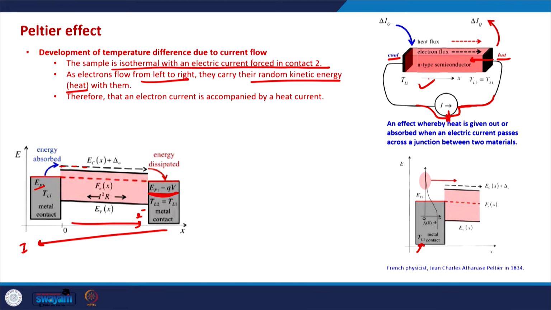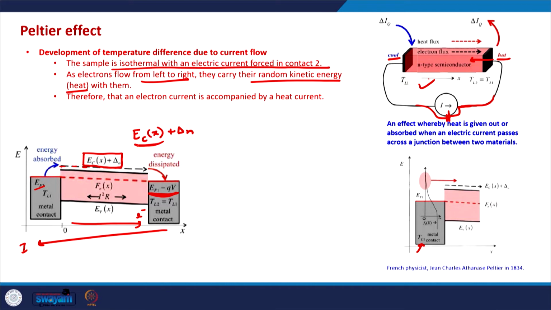Electrons need to jump from the left contact into the semiconductor and then to the right contact. If we take an n-type semiconductor, electrons essentially need to jump to the conduction band of the semiconductor. We are assuming that the current conduction happens at energy level ECX plus delta n.